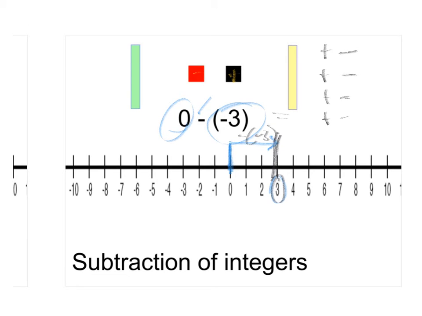And if I take 3 negatives away, this would still be 0, but notice what I'd have. I'd have 3 positives. So 0, take away 3 negatives, gives me 3 positives, which is where I wind up. I wind up on +3.